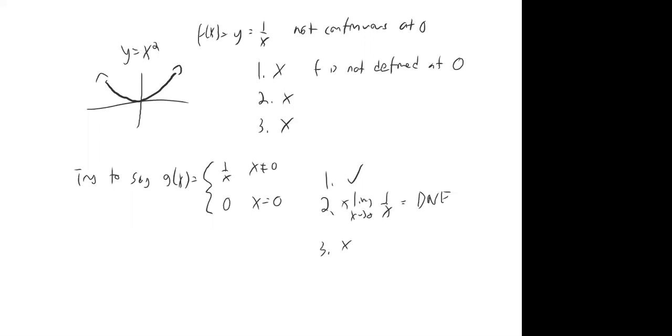And again, picture-wise, I have to lift my pencil from here to the bottom part. There's no way to work in one quadrant and then go to another quadrant without lifting your pencil.